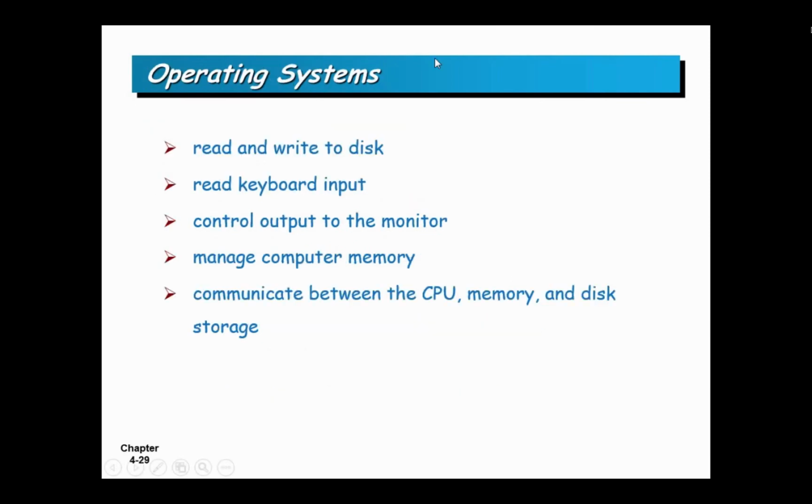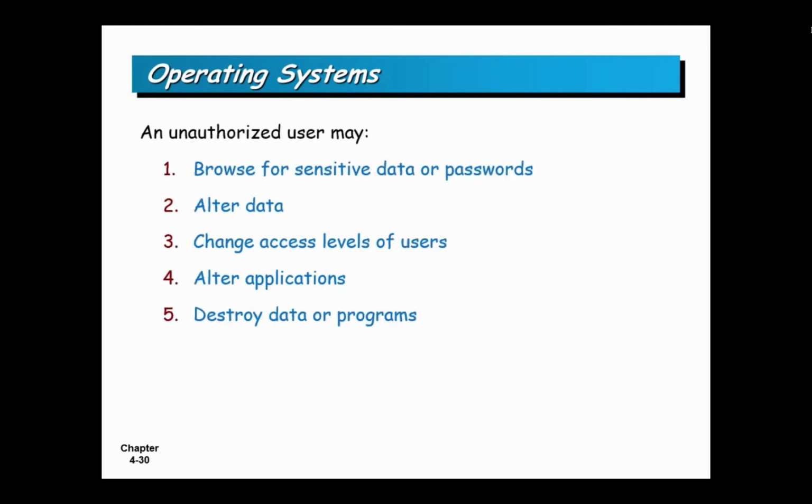Everybody knows what an operating system is, right? Microsoft. What the operating system does is it controls your computer. Does any reading and writing to disk, reads your keyboard and knows what to do with it, controls what's displayed, manages your memory, etc. If an outside source gets control of your operating system, that's the worst case scenario. They could browse for information. They could go right into the core of your data. They could alter your data.